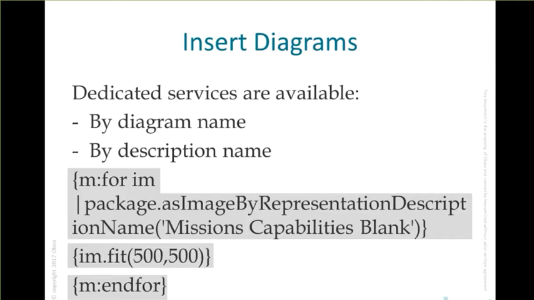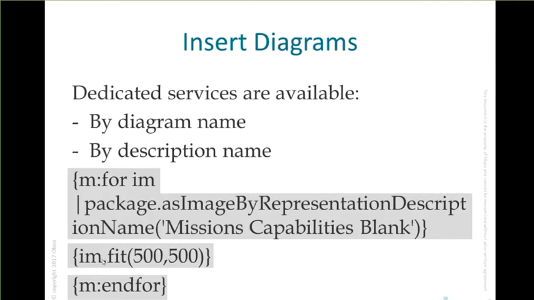So as an example here, I copy-pasted an instruction to insert all the mission capabilities blank attached to a given package. These services are documented in the M2Doc documentation, which is easy to find.